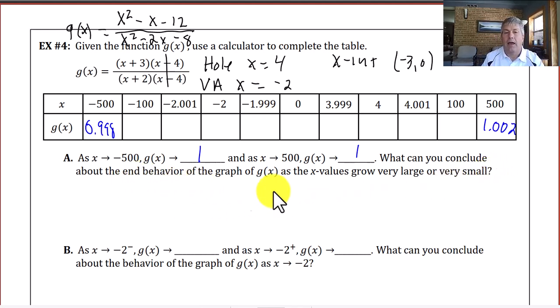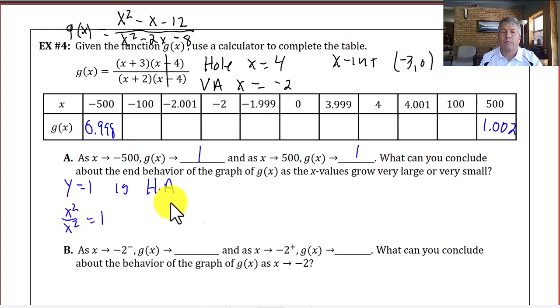Well, we're heading closer and closer to 1. So this is a question of the horizontal asymptote, and it's that battle between x squared and x squared, and our function is approaching 1. So we take the highest degree value of x and simplify it. That's our horizontal asymptote. You can see that on our graph, or on our chart.